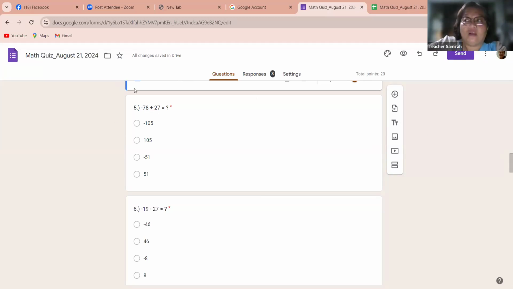What is the rule regarding addition of integers having different signs? Subtract and choose the sign of the biggest number, right? Okay, we are going to choose the sign of the biggest number.